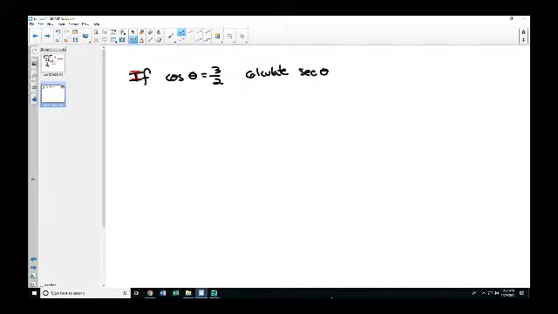So you use an identity. We know that secant is 1 over cosine, right? So secant is 1 over 3/2, which is 2/3.